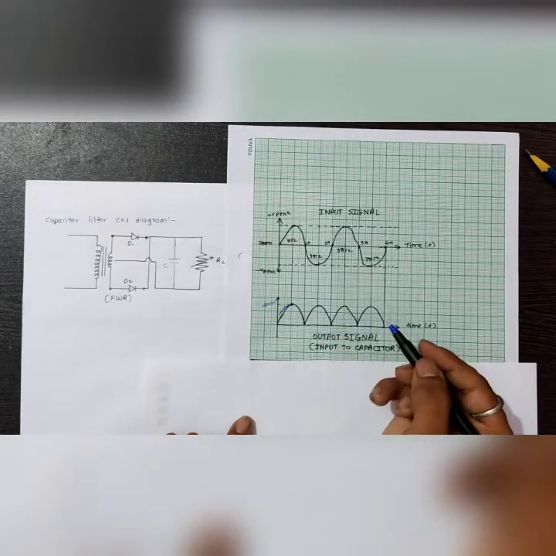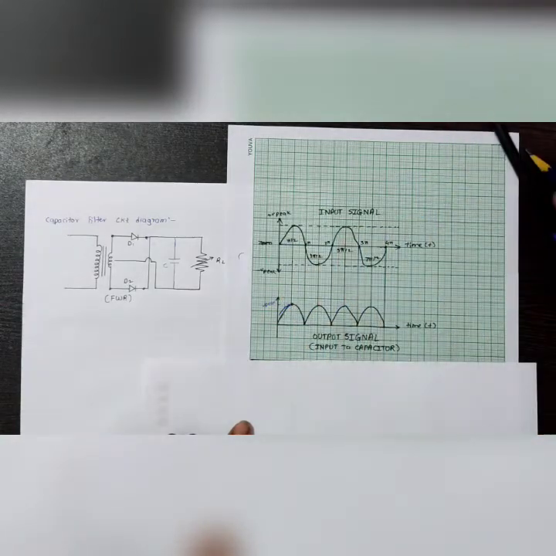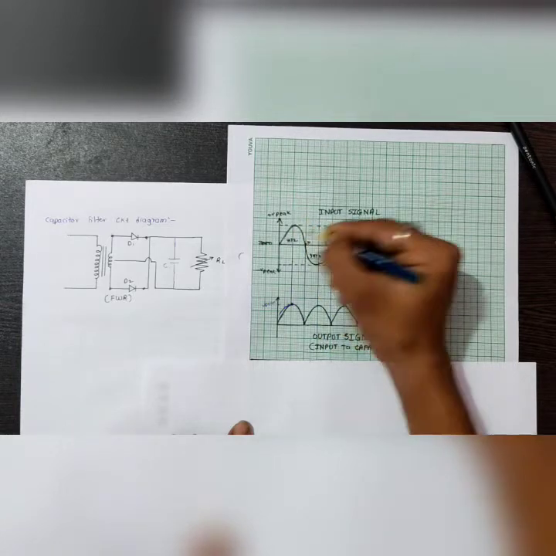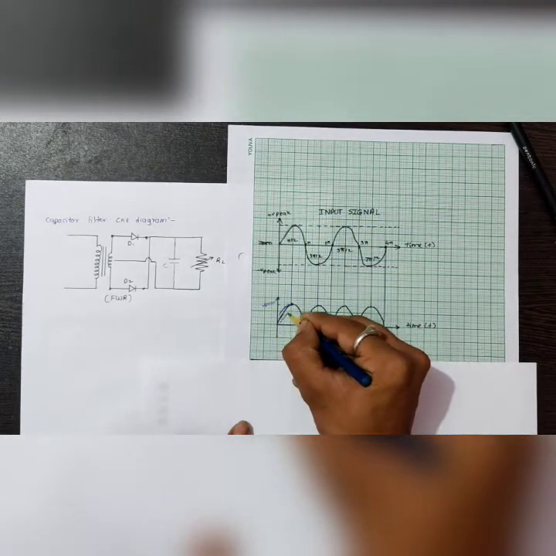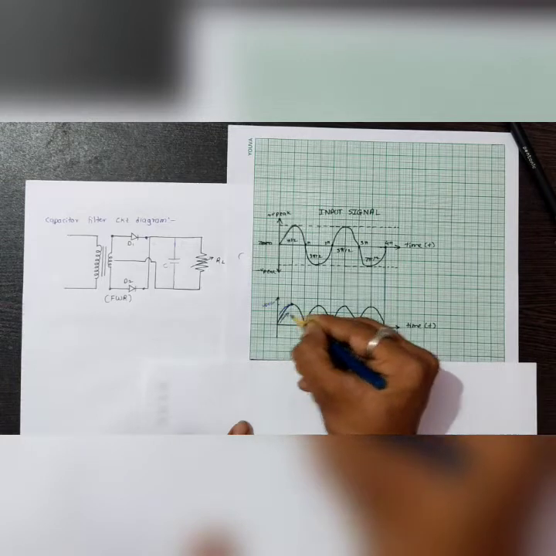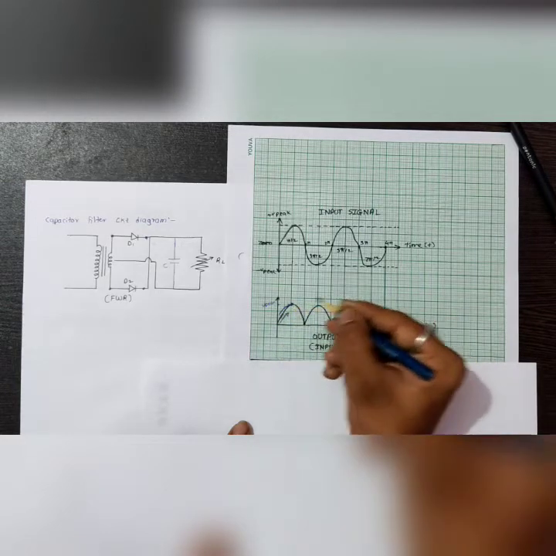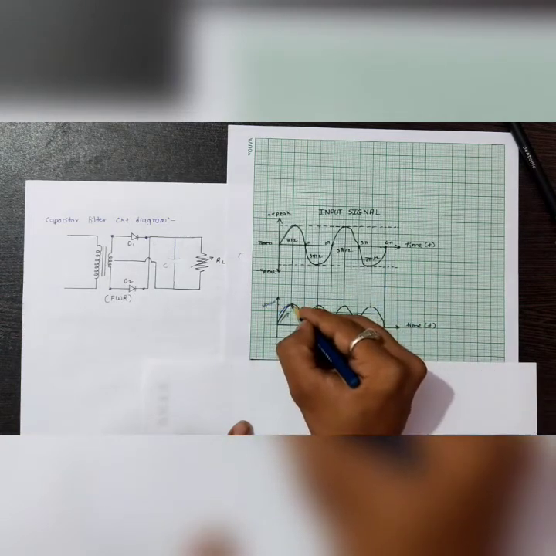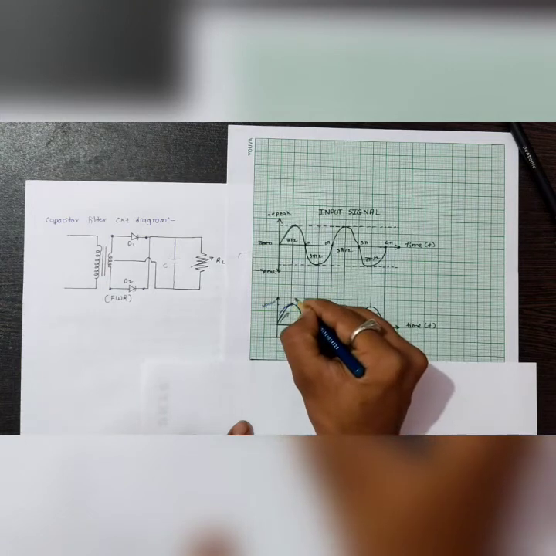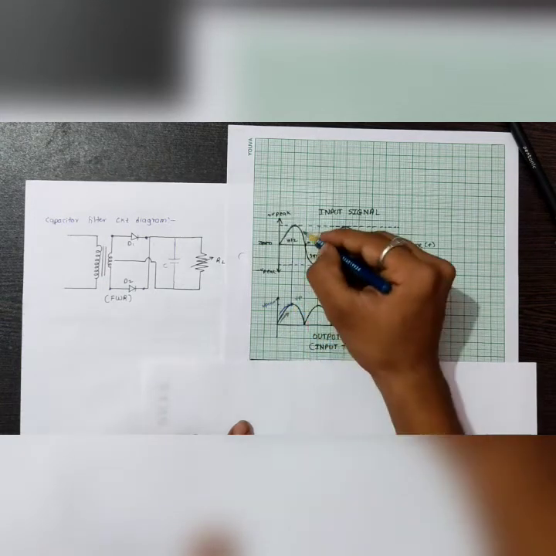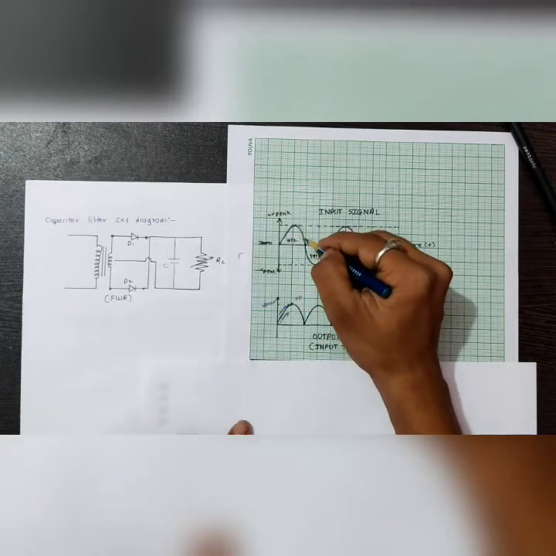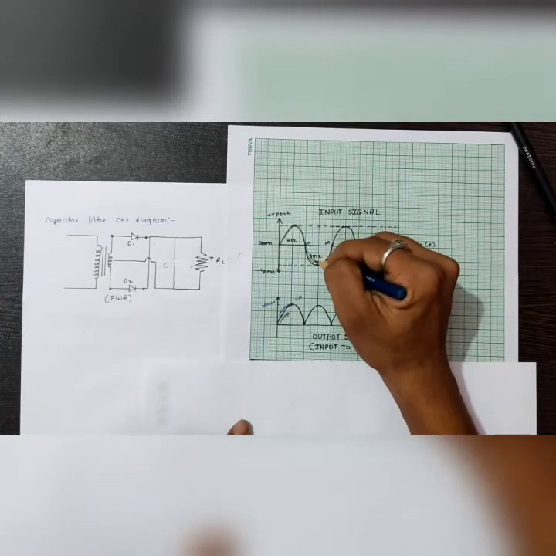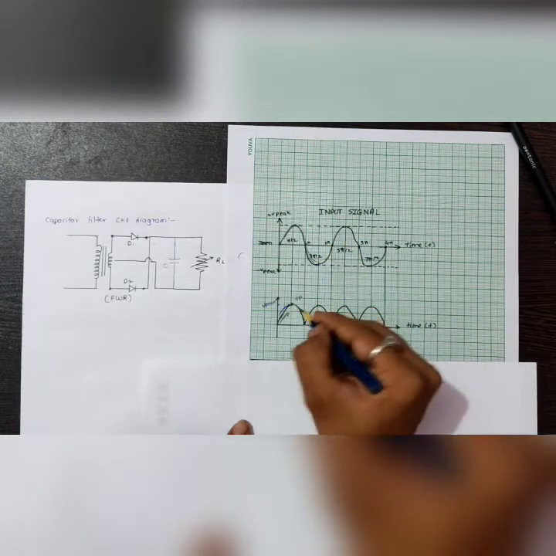When the positive half cycle comes, that is this part, the capacitor starts charging through this path till the maximum voltage, that is the peak voltage, consider this point as Vp. Here the positive half cycle ends and the next negative half cycle arrives. So the capacitor starts discharging through this path.